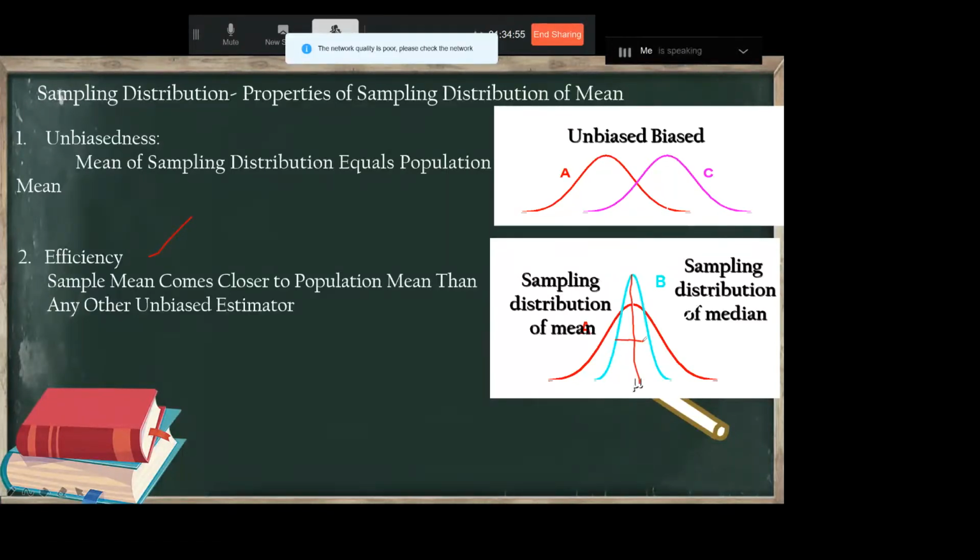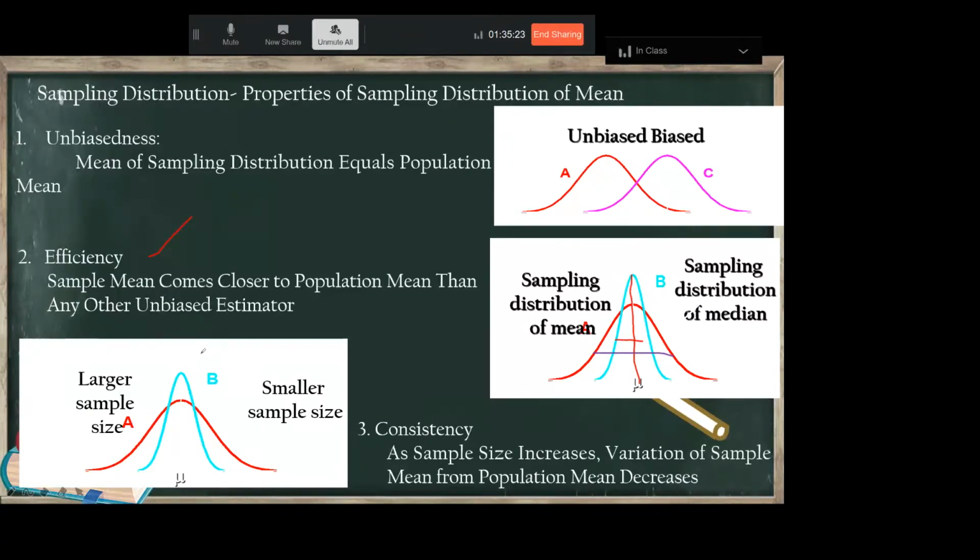This one is the sampling distribution of the median. And if you see, it's farther. This is closer, and this one is farther, right? So that's the difference. That's known as efficiency. So we say that the mean comes closer to the population mean than any other unbiased estimator.